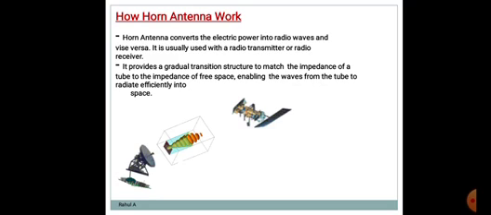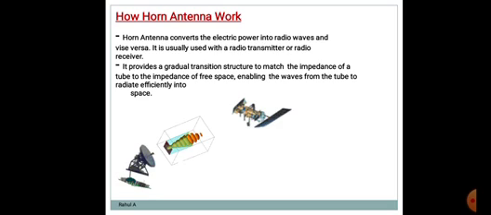So while transmitting from one medium to another, we first need to match the impedance between the two media. Here the horn antenna structure can be used to match the impedance of the waveguide structure with the free space, as both have different input impedances.